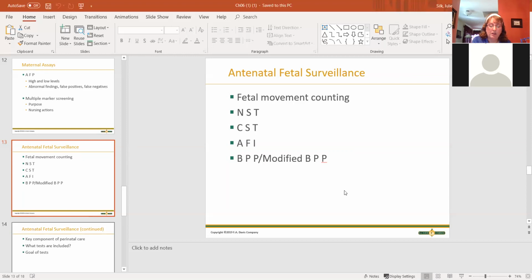All right, so then it starts getting into a little bit about the non-stress test. That's what NST is. So the non-stress test is the most common method of fetal surveillance. So the fetal heart rate is monitored with an external fetal heart rate transducer until it's reactive, up to 40 minutes.